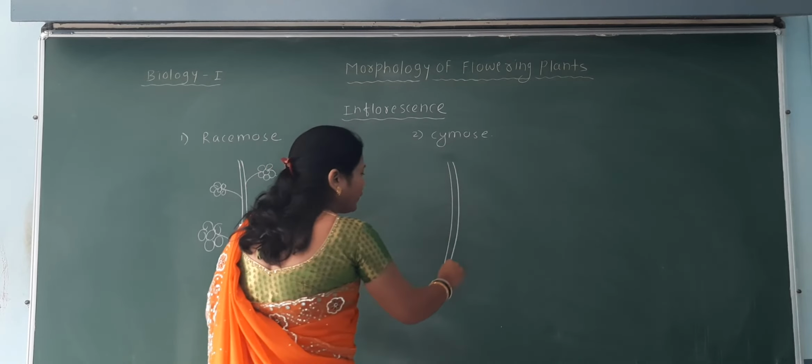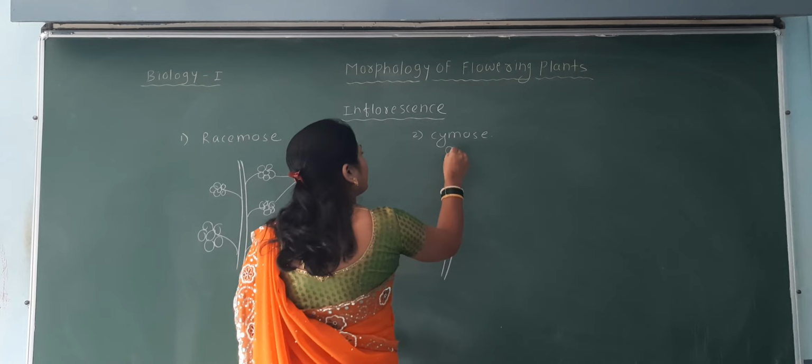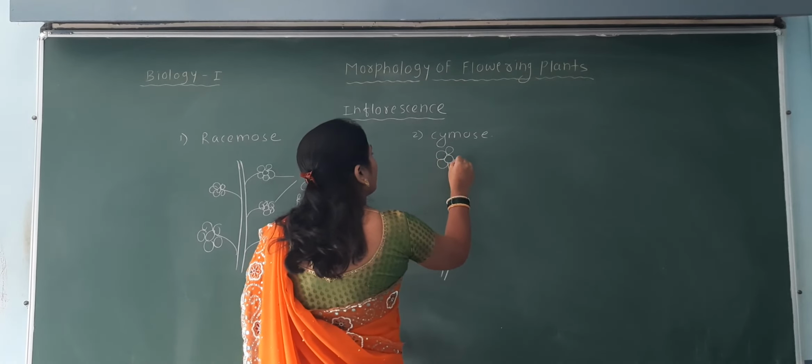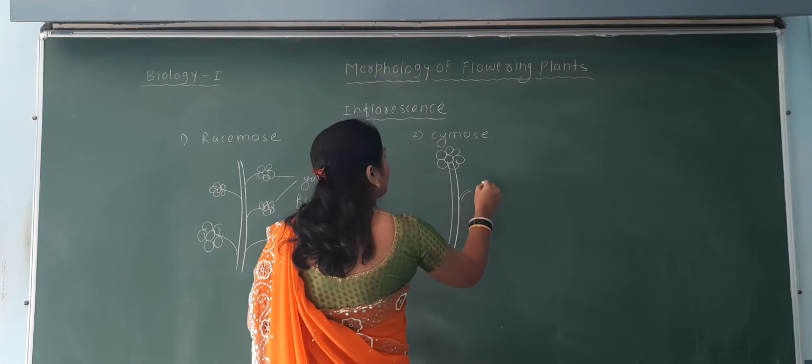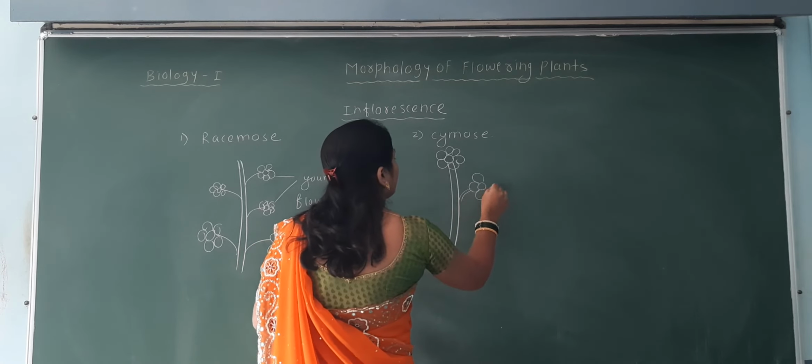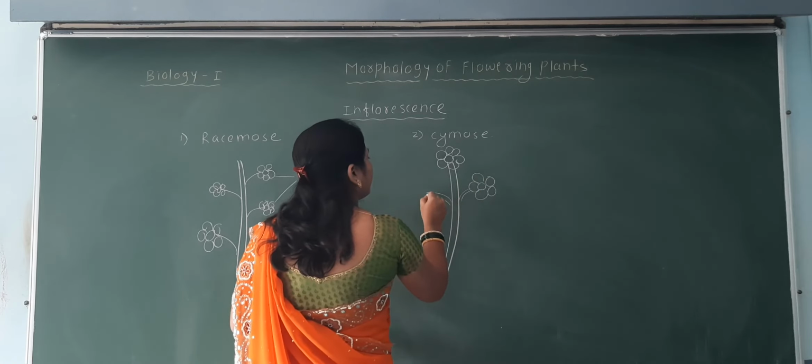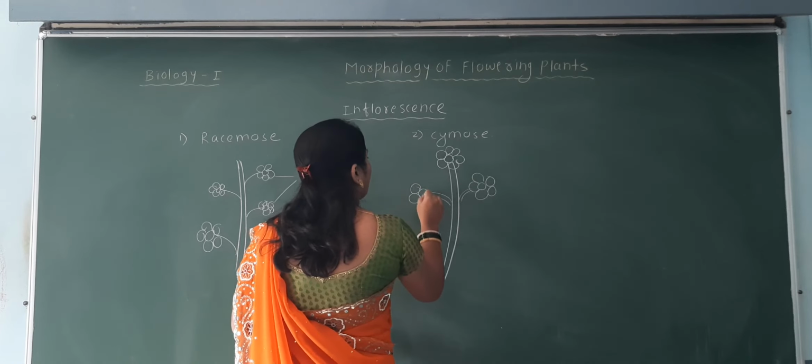Okay, now here we will draw the second diagram, the cymose inflorescence. You will find this is the floral axis. At the tip there is a flower. Here also there is a flower.